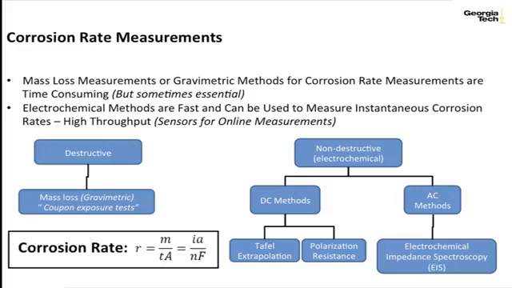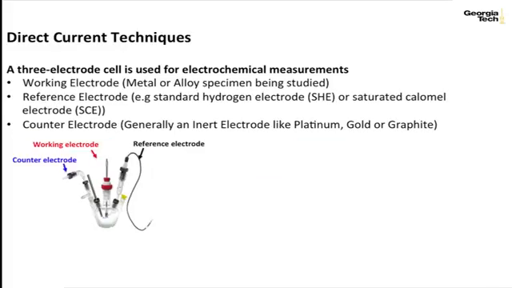Now, in the previous module, I had introduced that corrosion rate can be related to current density passing through the cell. Now, we're going to talk about how that can be done. To do these experiments, you typically need a 3-electrode electrochemical cell, which has a working electrode, reference electrode, and counter electrode.